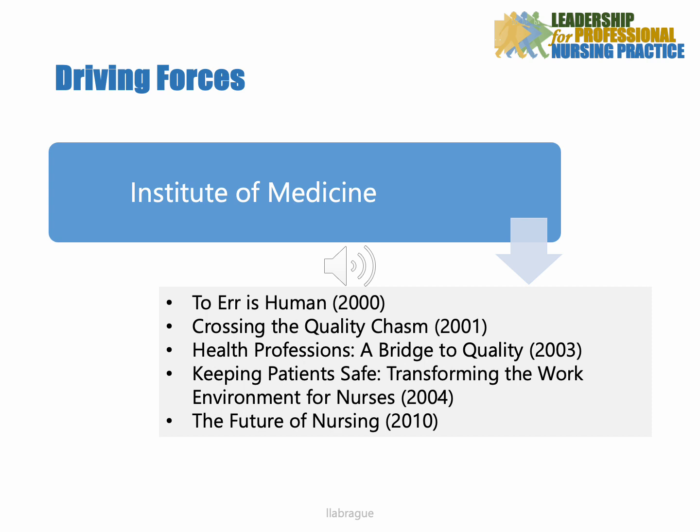They have also released several other reports: Crossing the Quality Chasm in 2001, Health Professions Bridge to Quality in 2003, Keeping Patients Safe: Transforming the Work Environment of Nurses in 2004, and the most recent one, The Future of Nursing in 2010. We're going to discuss some of these reports in the next few slides.